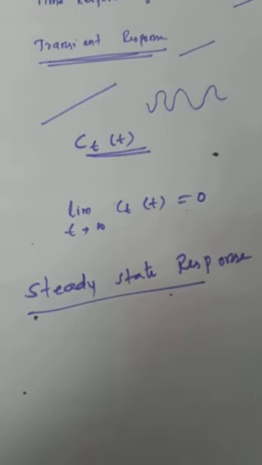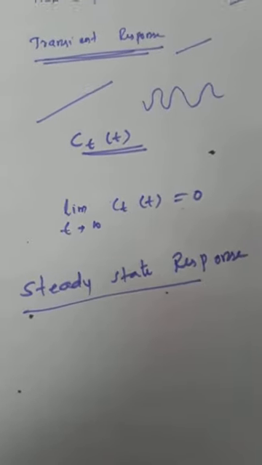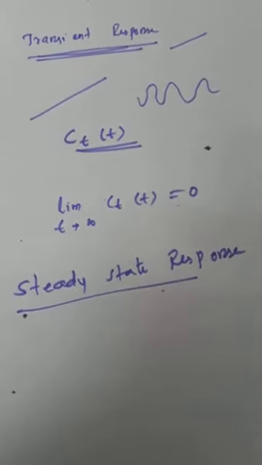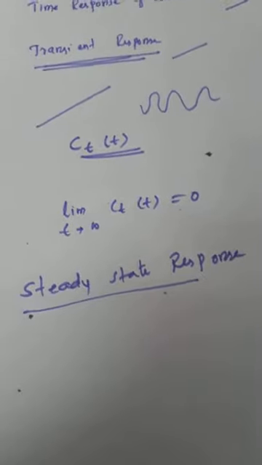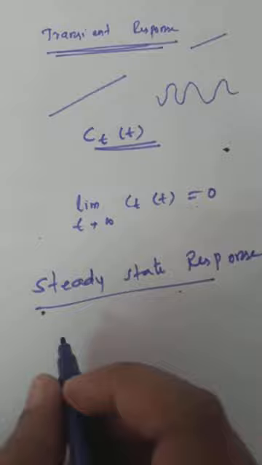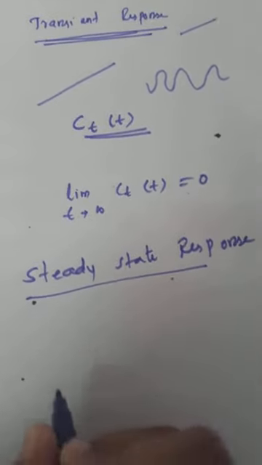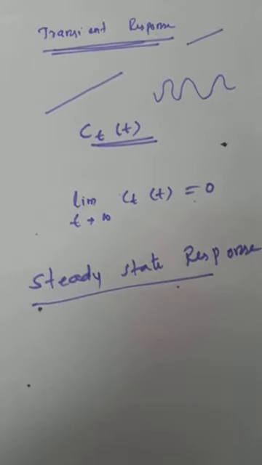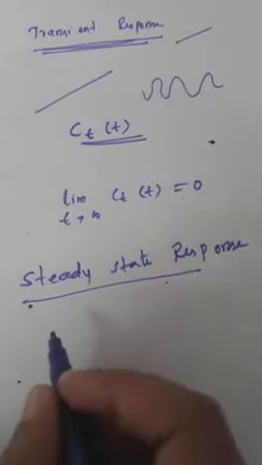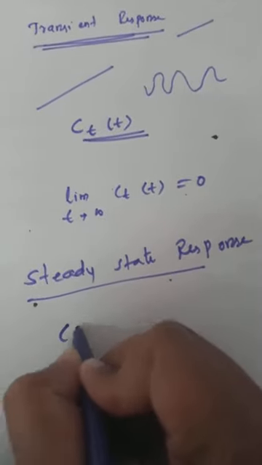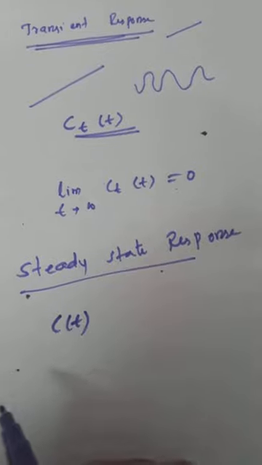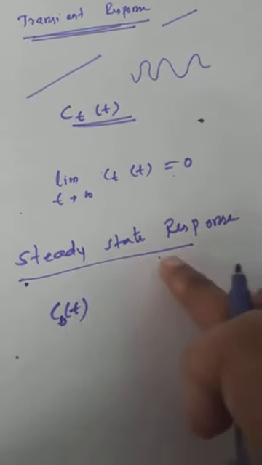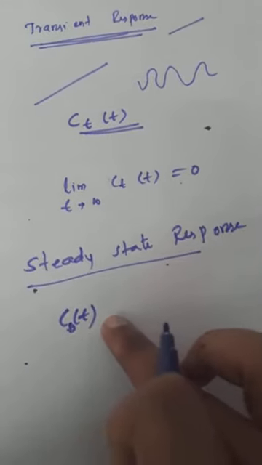Such a response is referred to as the steady state response. The steady state response indicates the accuracy of the system. The symbol to represent the steady state response is Css(t).